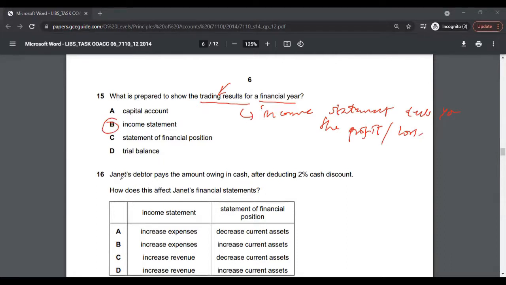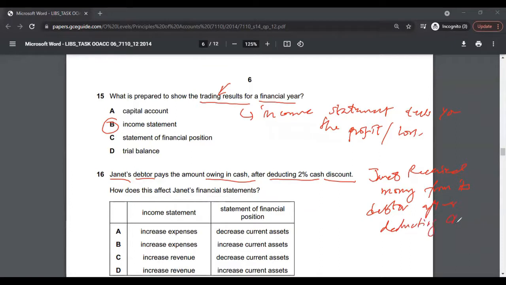Multiple choice 16. Janet's debtors pay the amount owing in cash after deducting 2% cash discount. So Janet received money from its debtor after deducting the discount.